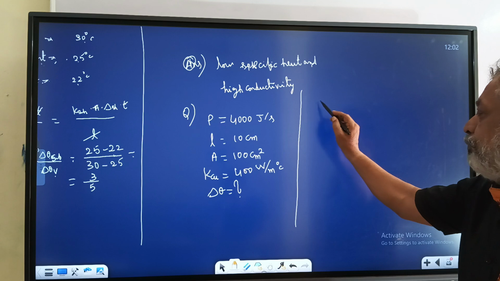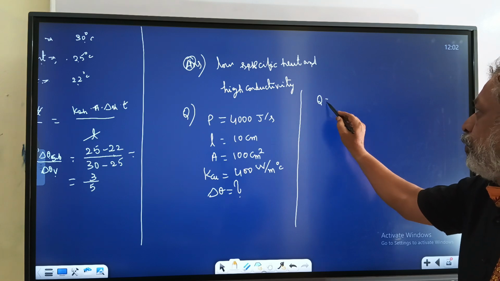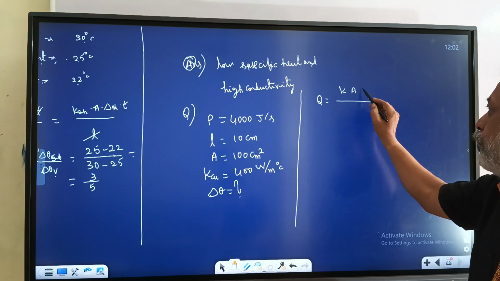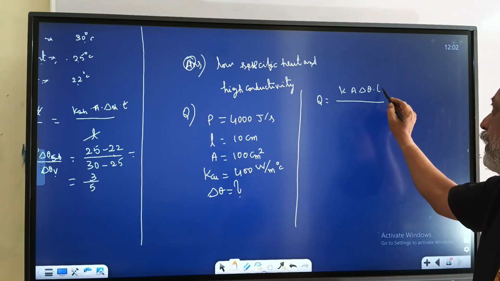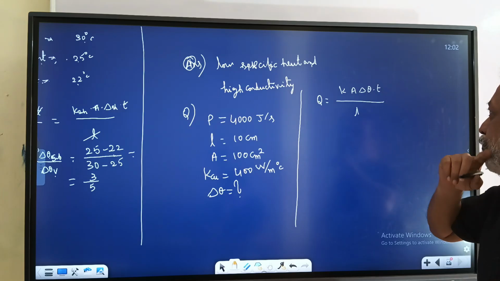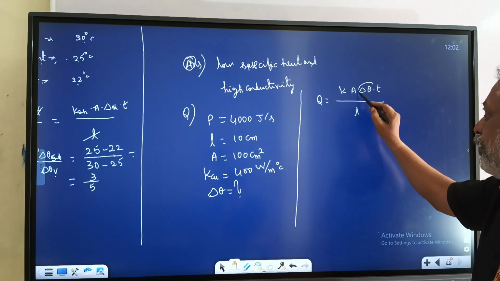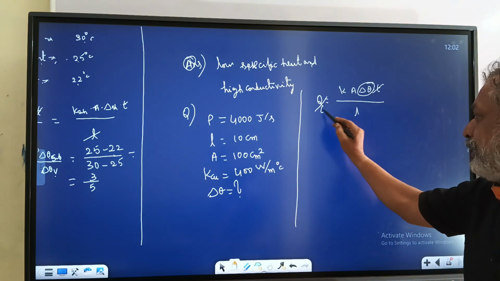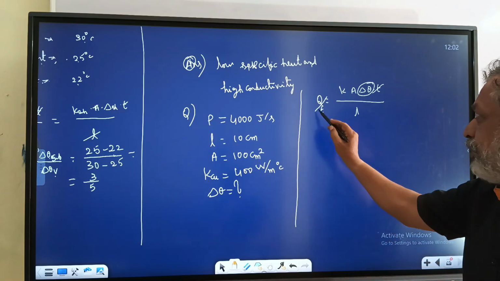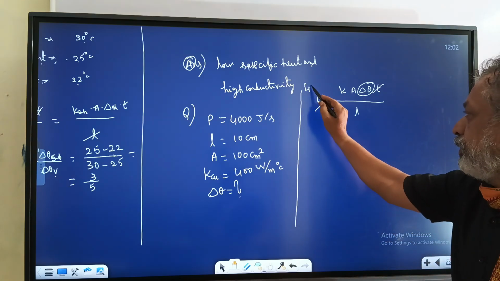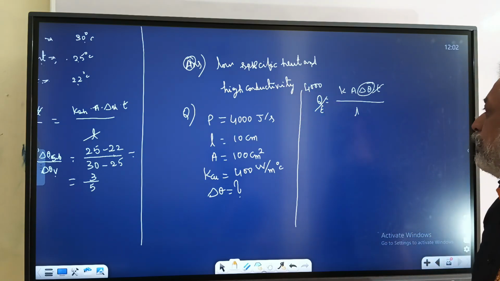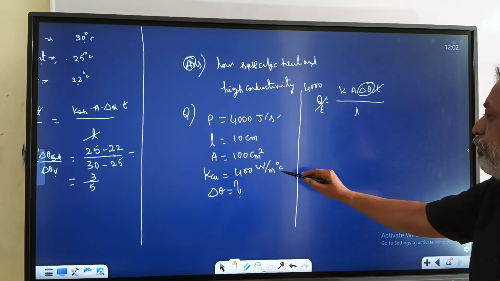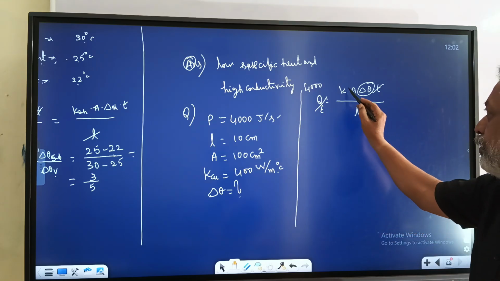Everything is given. You know the formula, Q is equal to K A into delta theta into T divided by L. Now we want delta theta. Q by T is given, the value is 4000 joule per second. Now how much is this?